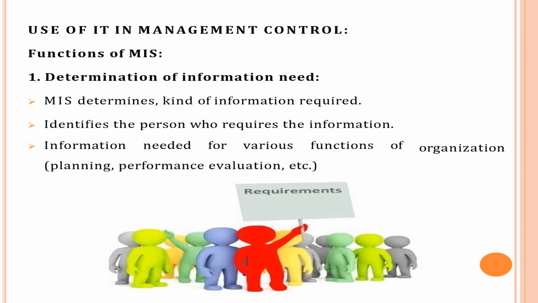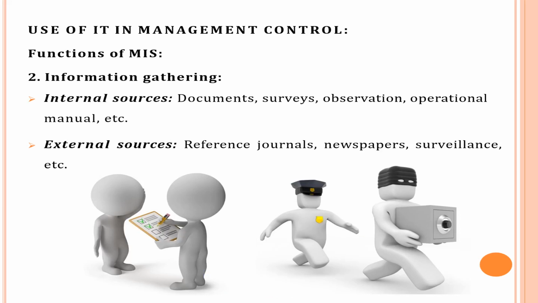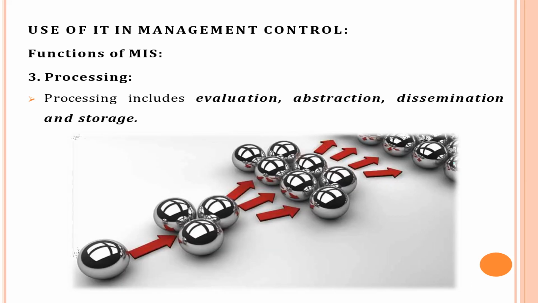Next, functions of MIS, determination of information need. So it identifies the person who requires the information and when it is required. Next one, information gathering by internal resources and external resources. Example, documents, surveys, observation as internal resources, and journals, newspapers, and other media as external sources.